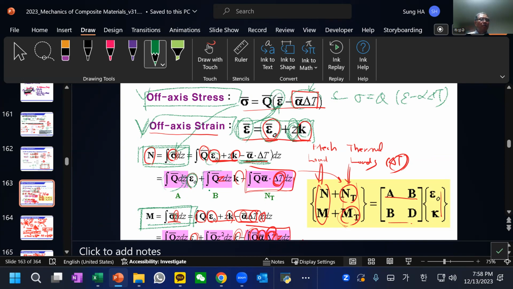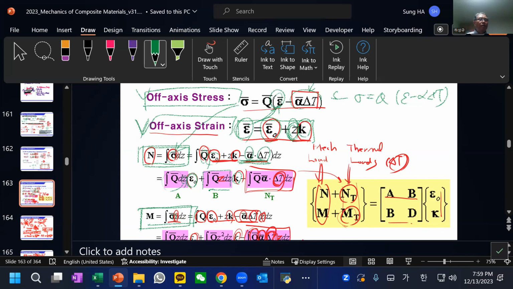So this is the term, and this is the k which came out of these integrations. Now, this is the new term. The new term is the Q bar, alpha bar, and delta T, and dz. So this is a new term, basically.